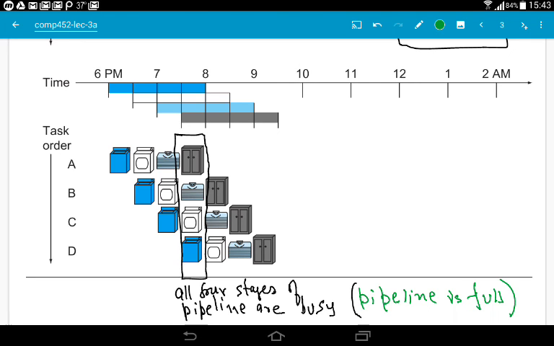So we want to keep the pipeline filled for as long as possible. That's what gives us performance improvement.